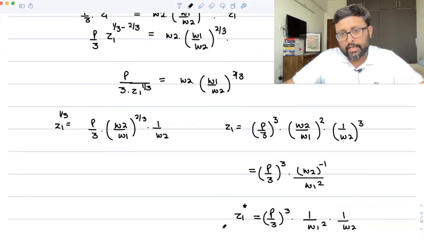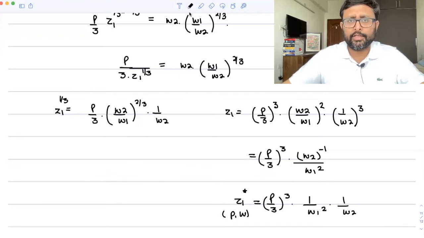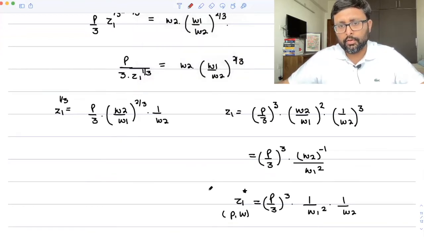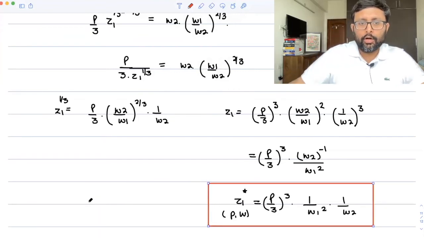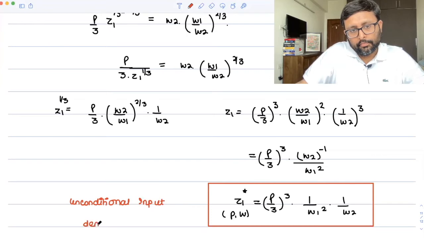And as you guys could see, this is a function of output price and input prices. So I've just written W, not W1, W2. In most of your books, they just write it as W. That's a vector of input prices. And this is called the unconditional input demand function.